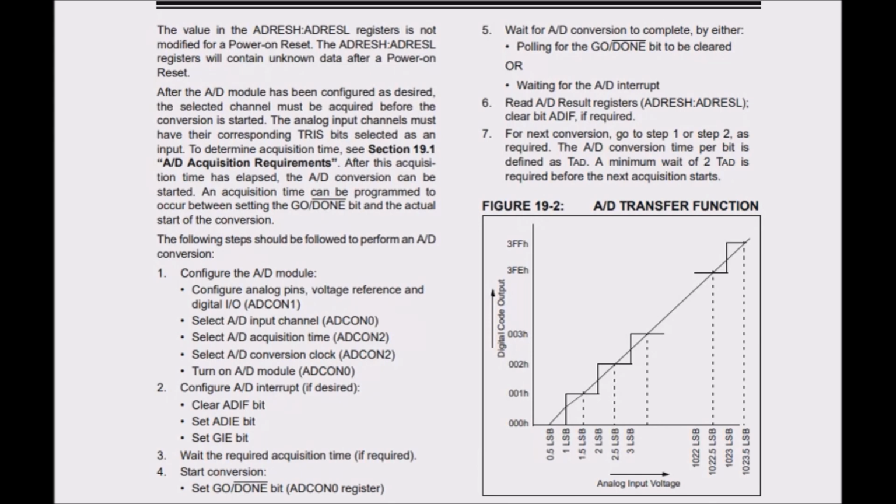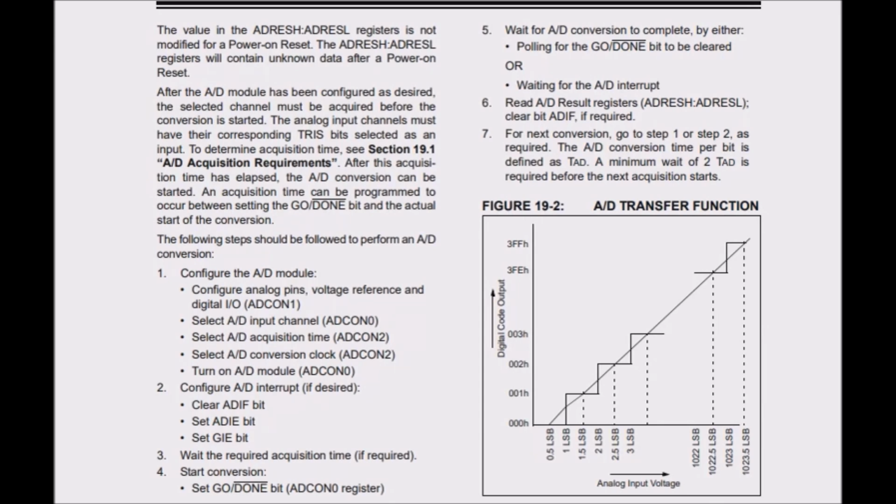Select AD conversion clock, ADCON2. Turn on AD module, ADCON0. Configure AD interrupt if desired: clear ADIF bit, set ADIE bit, set GIE bit.